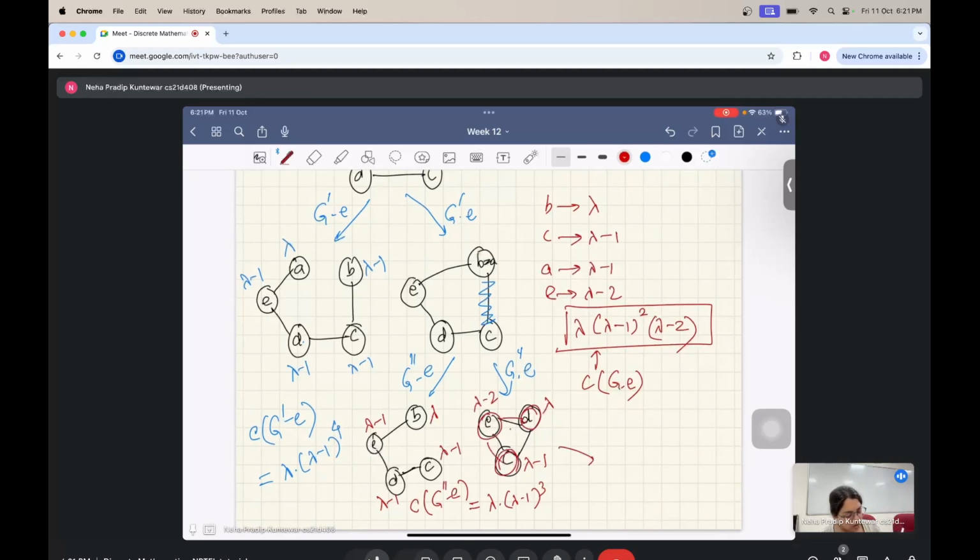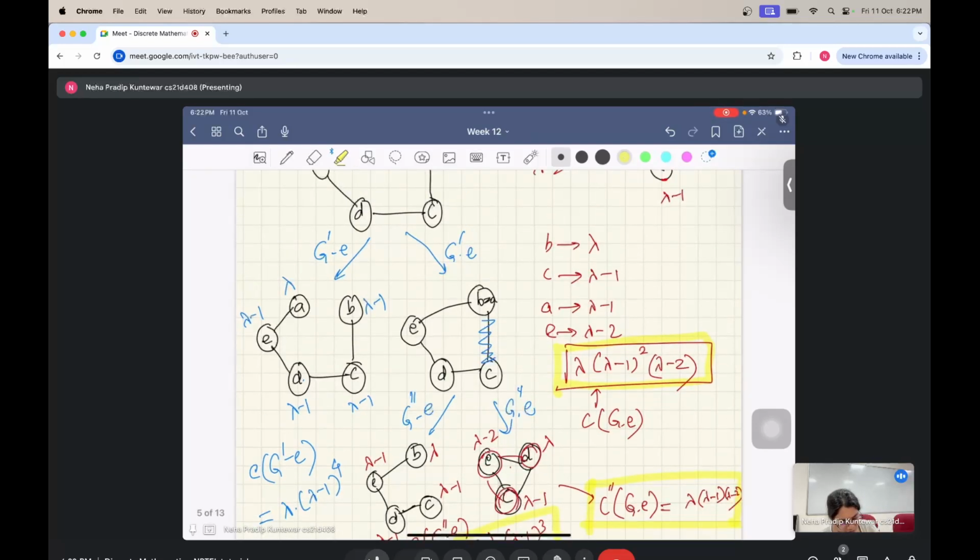So the answer for G double prime dot E is lambda times (lambda minus 1) times (lambda minus 2). Now we will take all these answers, this is one answer, this is the other, this is the third, and this is your fourth answer.